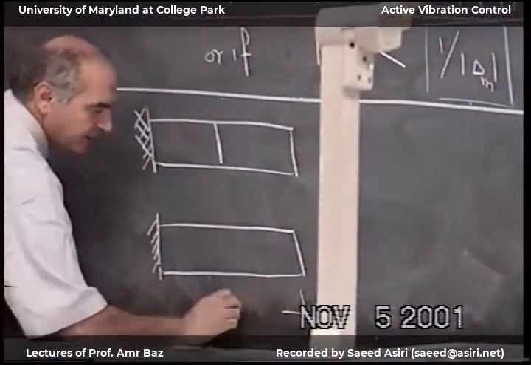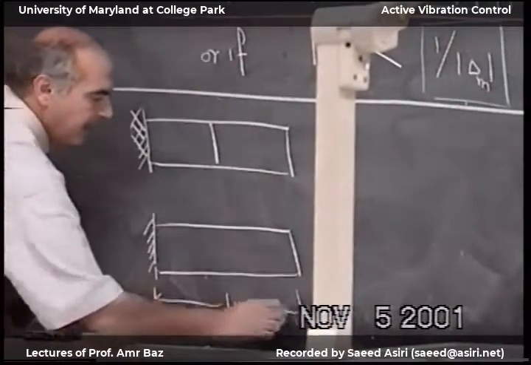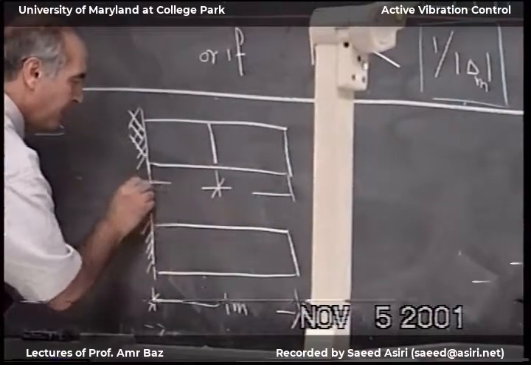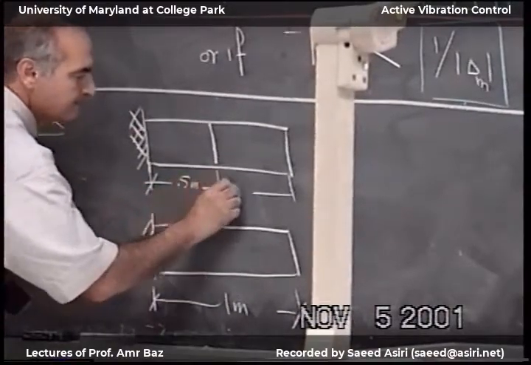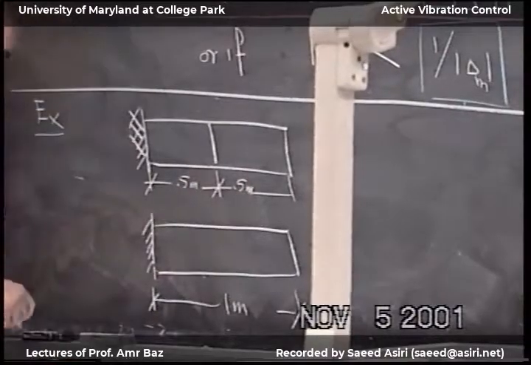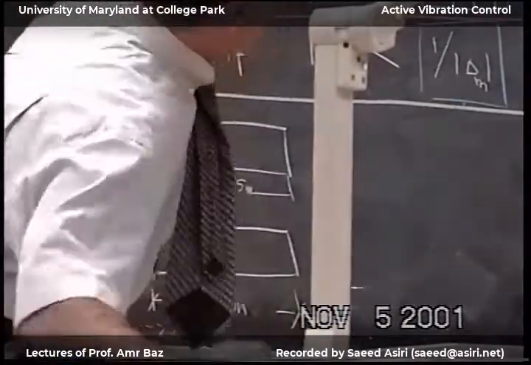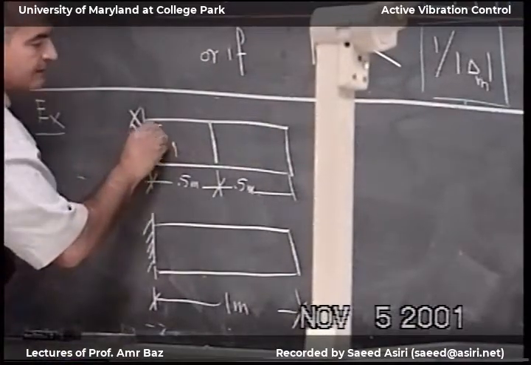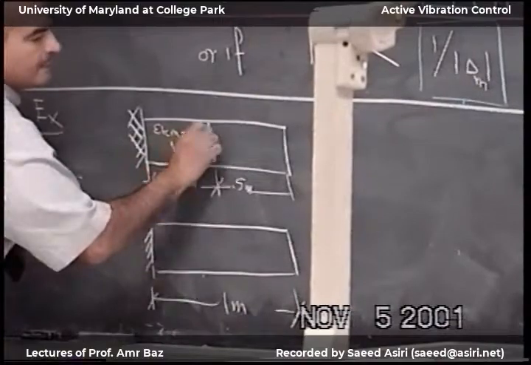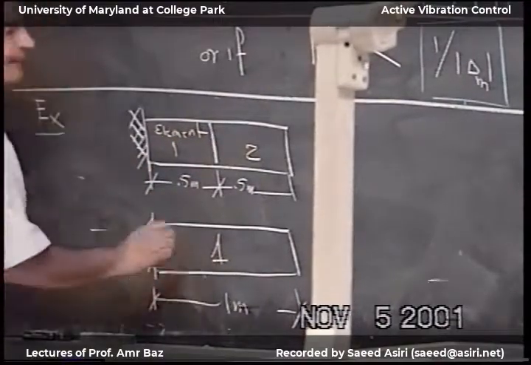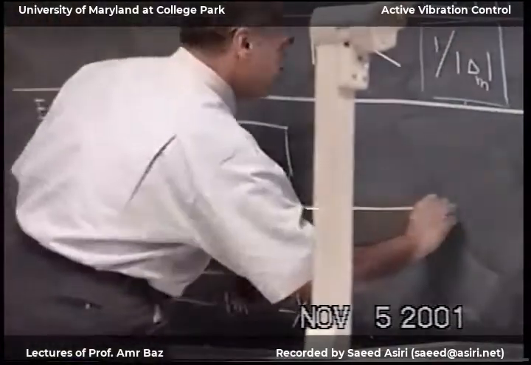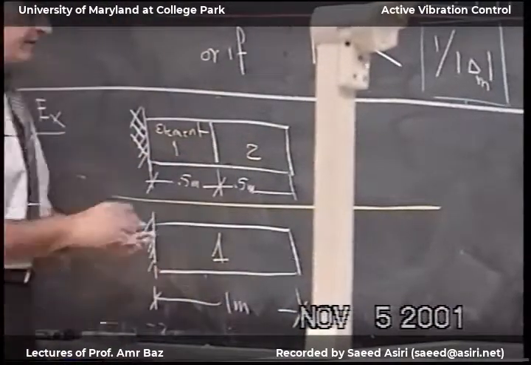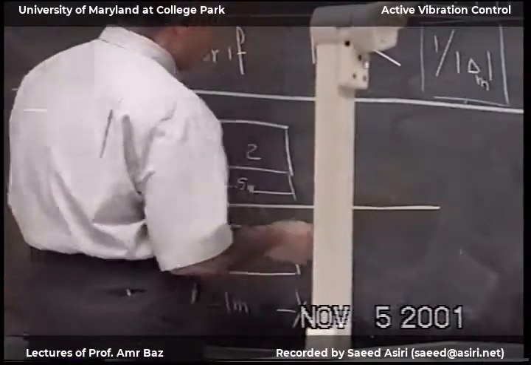This is 1 meter long. So I either divide the rod into 2 elements or 1 element. And this would be a higher order system compared to this. Or this is more accurate than this.